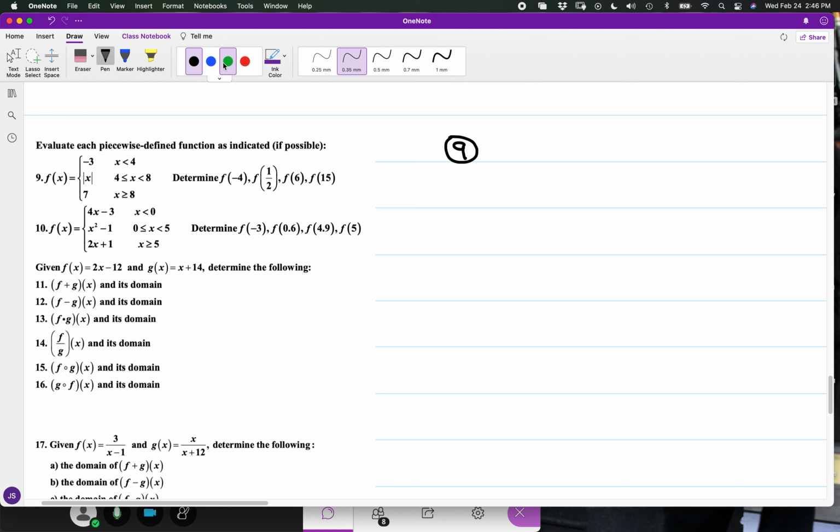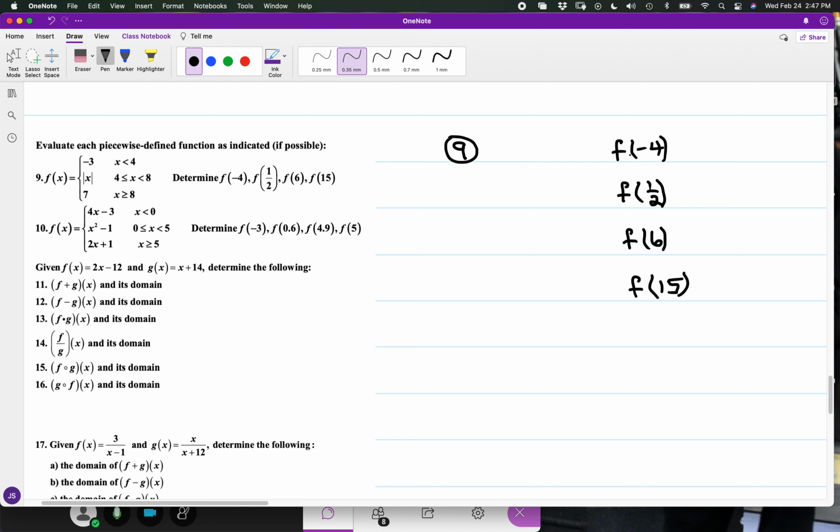Now, we're looking for f of negative 4, as well as f of 1/2. Also have f of 6, and f of 15.